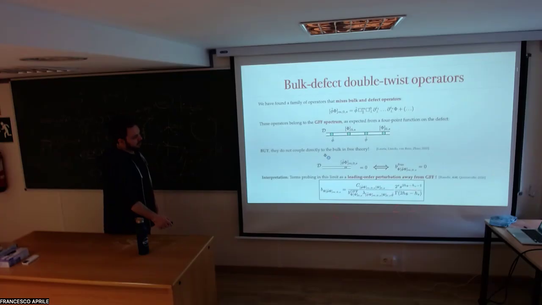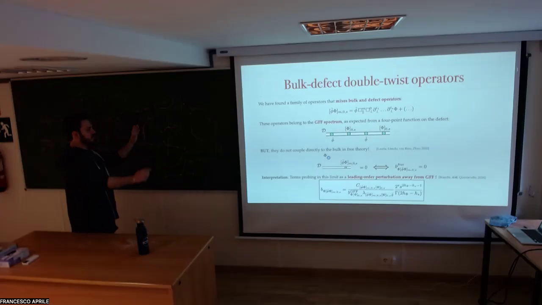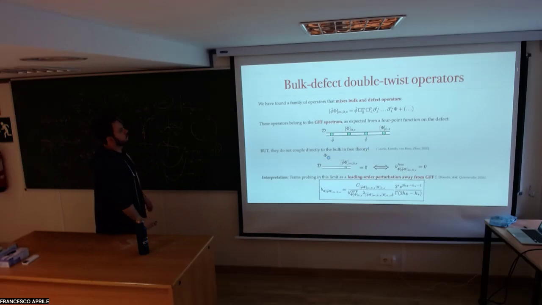On the right-hand side, the CFT data that appear in the denominator are known, from the analysis of the bulk 2-point function and from the 4-point function inside the defect. So the only thing that we need to compute and extract is the coefficient that we call C, which is obtained by solving the Gaussian equation. This is just to give a nice interpretation of what these operators are.